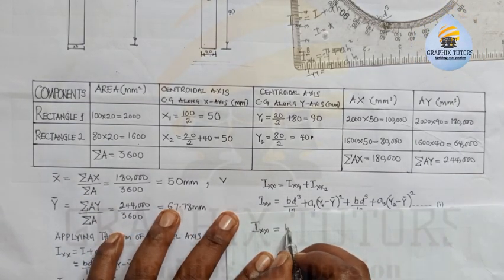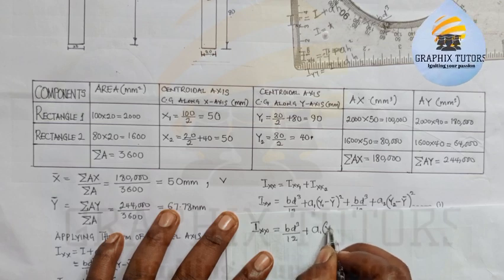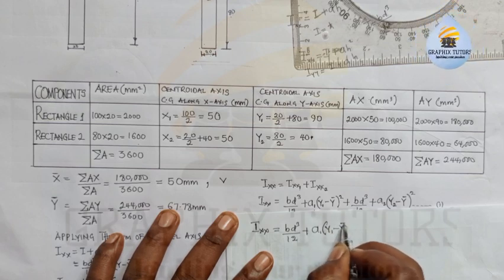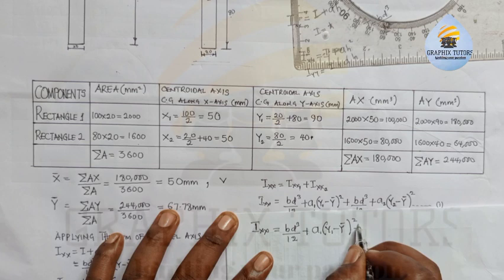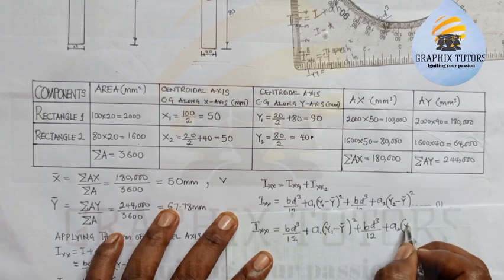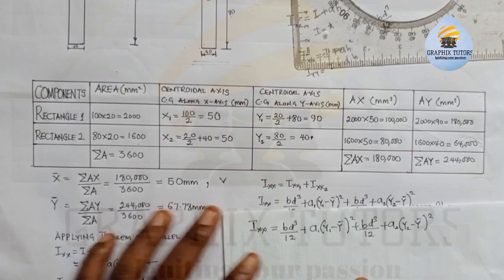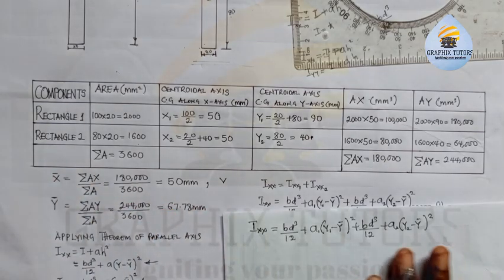IXX will give me BD cube over 12 plus A1 bracket y1 minus y bar all square plus BD cube over 12 plus A2 bracket y2 minus y bar all square. Now let's start inputting our values from that equation and see how that goes.